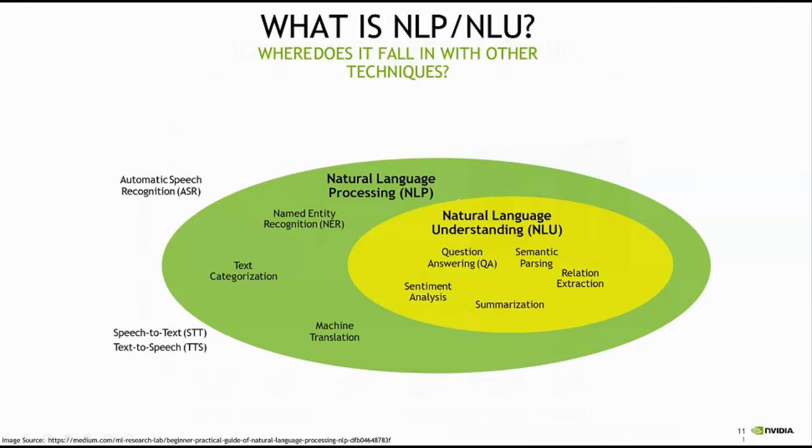For natural language understanding, you have things like question answering, sentiment analysis, summarization, relation extraction, semantic parsing, and for NLP, there are tasks like named entity recognition, text categorization, machine translation, and so on and so forth.